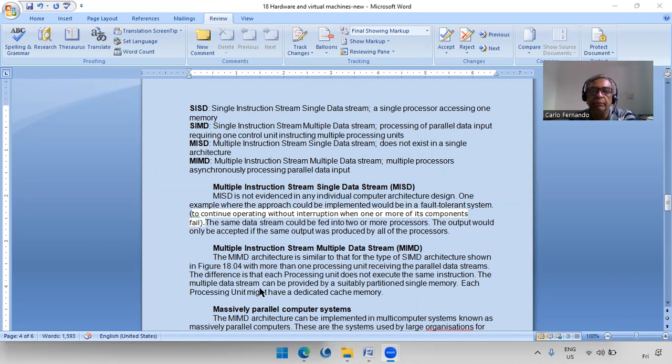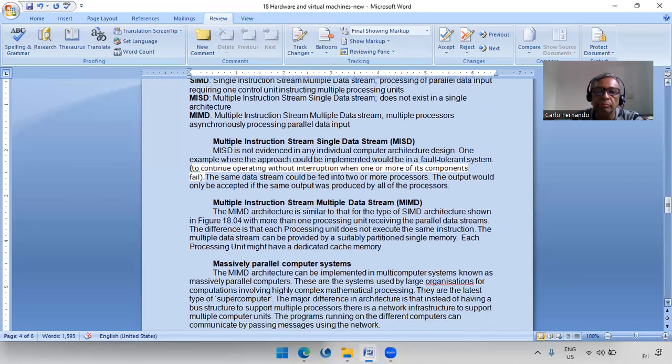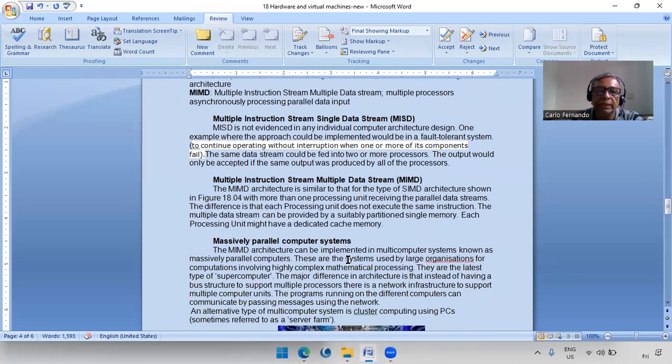The multiple data streams can be provided by a suitably partitioned single memory. Each processing unit might have a dedicated cache memory. So this single memory is partitioned and given to each process, each channel, each stream. Then you get a massively parallel computer system.